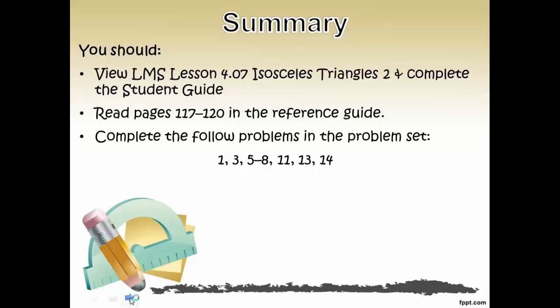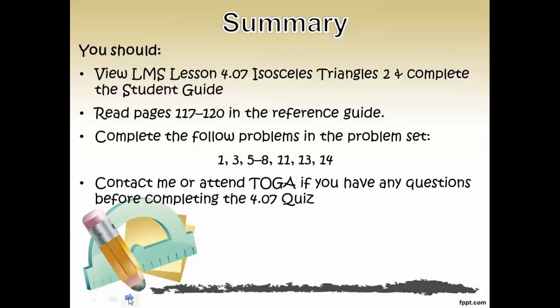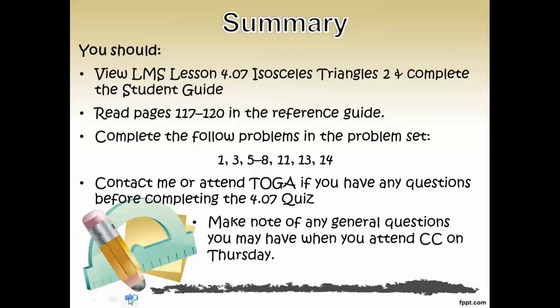When you get done, if you are not understanding these concepts, you need to contact me or attend TOGA before you complete the 407 quiz. And please make note of any general questions you may have when you attend CC on Thursday. That's going to be it for lesson 407.